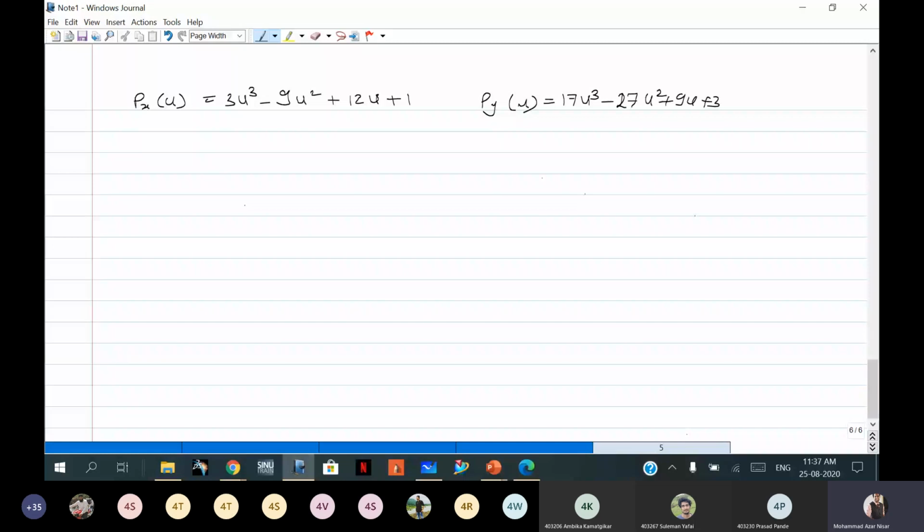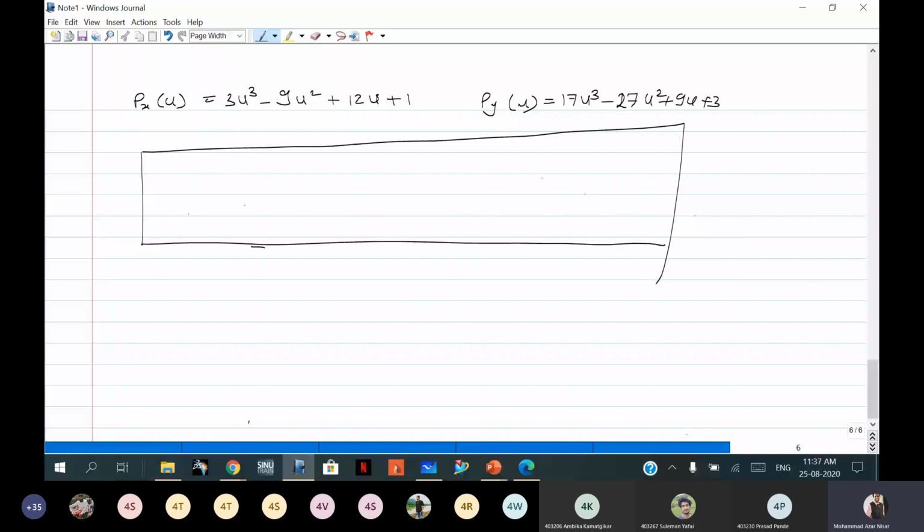Now in examination, if this type of question is asked, then draw a simple table in this way. Here u, here px(u) and py(u).